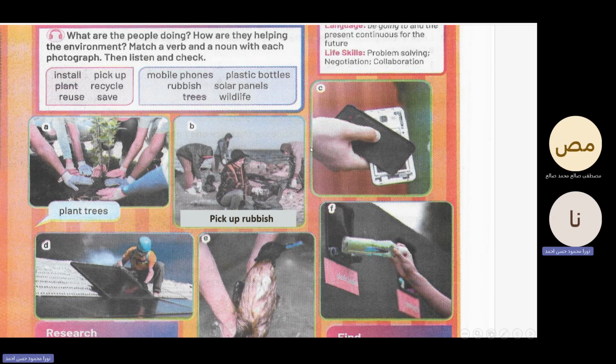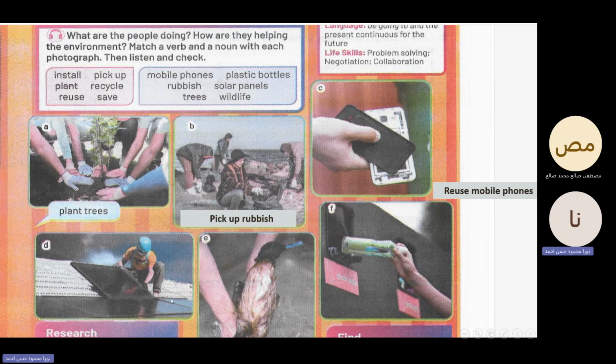What about C? Yes, I can match reuse with mobile phones. Because if we throw away our old mobile phones, this damages our environment. So we should reuse mobile phones.